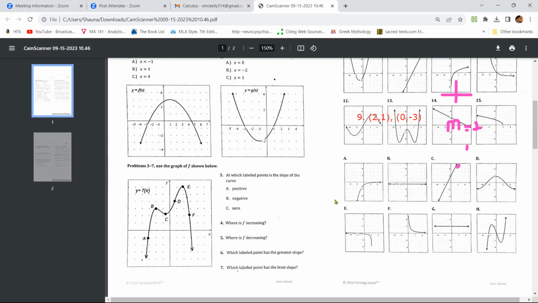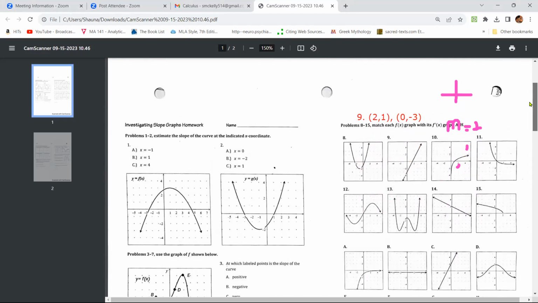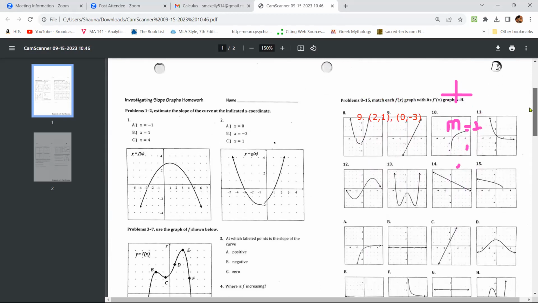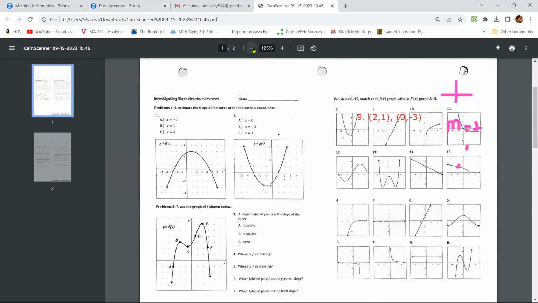All right. Now, let me scroll up and take a screenshot of what this actually is. Okay, so 9 I'm gonna have to make smaller so that it fits.